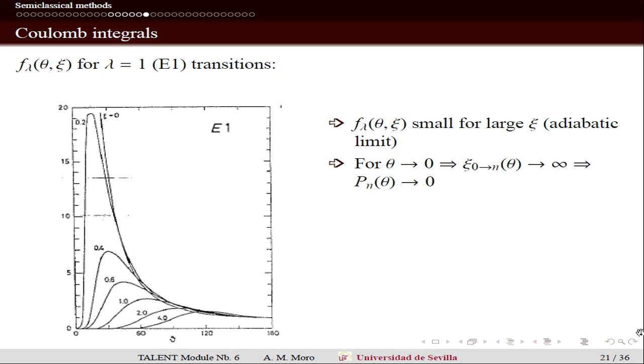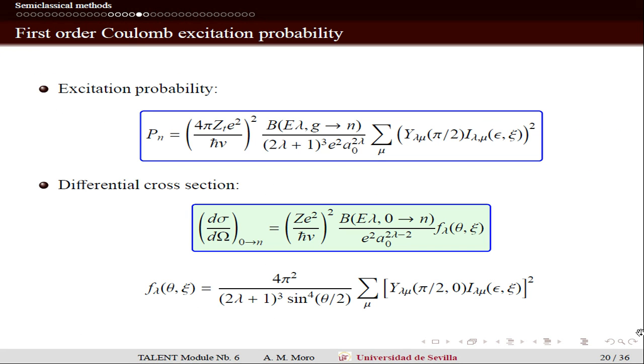So we conclude that in that case the excitation probability should be small. This is actually what we get when we evaluate explicitly this F function. So for very high excited states, independently of what we have multiplying here, the excitation probability will be small. So for any reaction, if we go to a sufficiently high excited state, the cross section will be small. Okay, this is what one would expect.